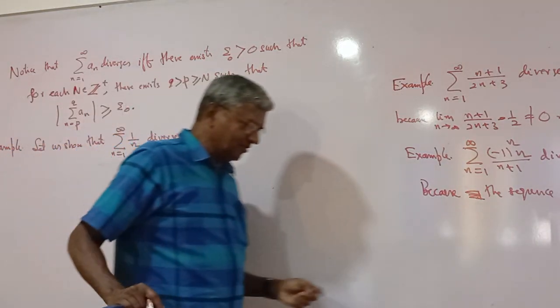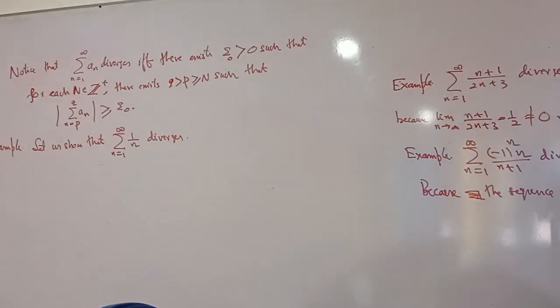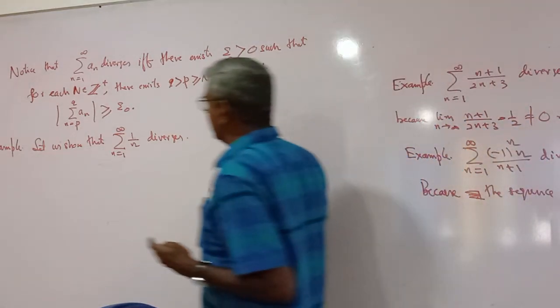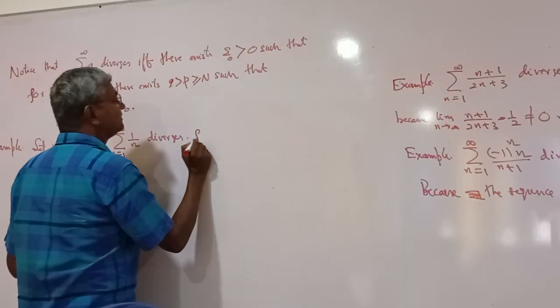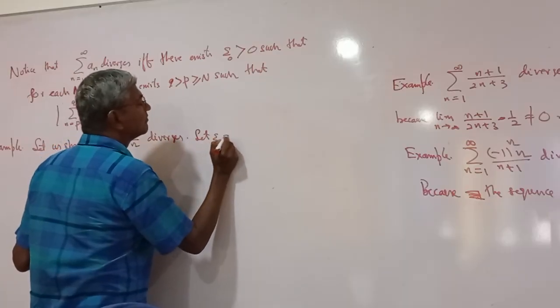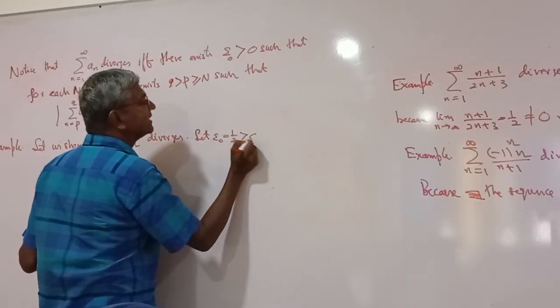I know the proof, but if you are starting from scratch, you don't know it, so I will say let epsilon 0 be equal to 1 half. Then it is greater than 0.